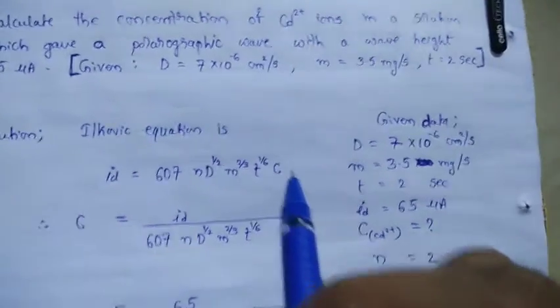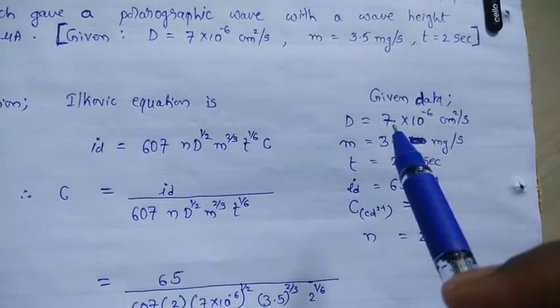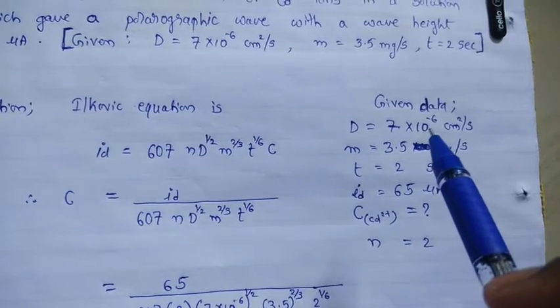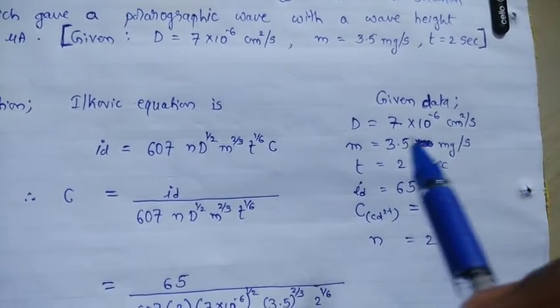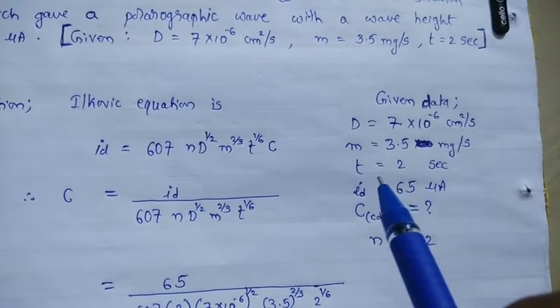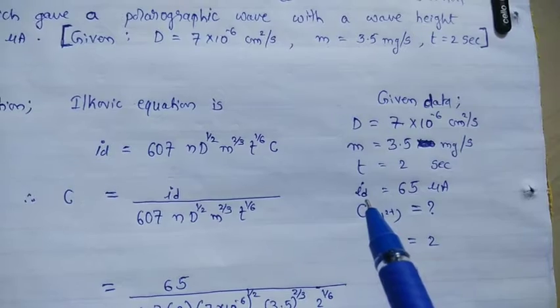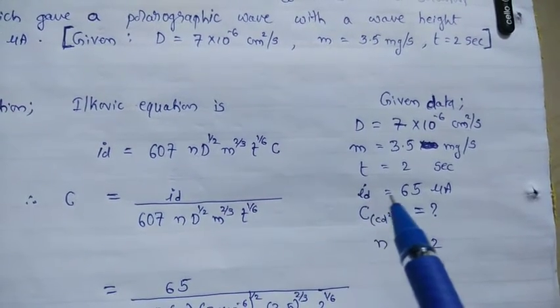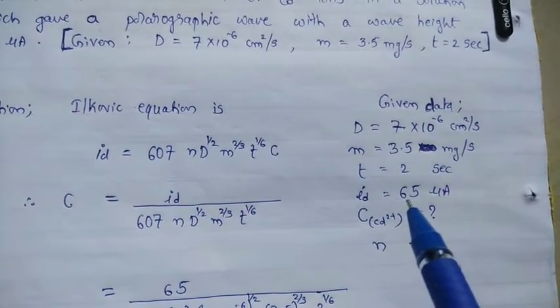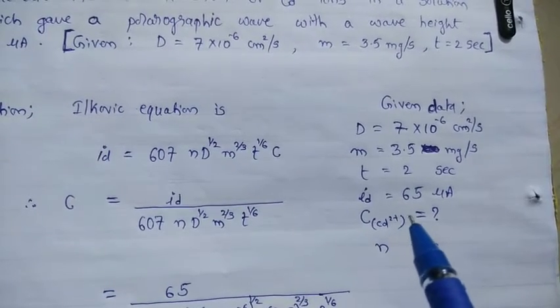Here we have the given data: D equal to 7 into 10 to the power minus 6 centimeter squared per second, m equal to 3.5 milligram per second, t, the drop time, is 2 seconds. Now id is the diffusion current, given as 65 microampere. Now we have to calculate the concentration of Cd2+ ions.